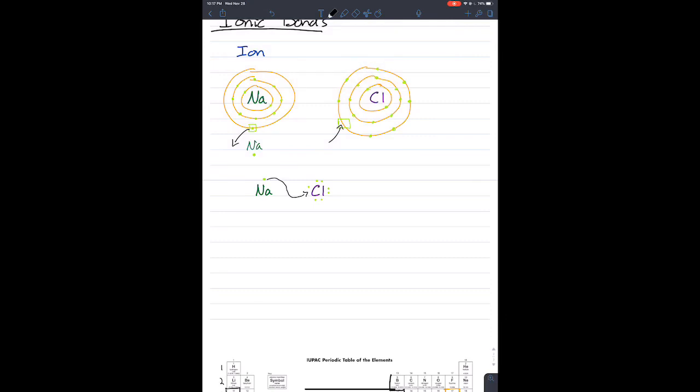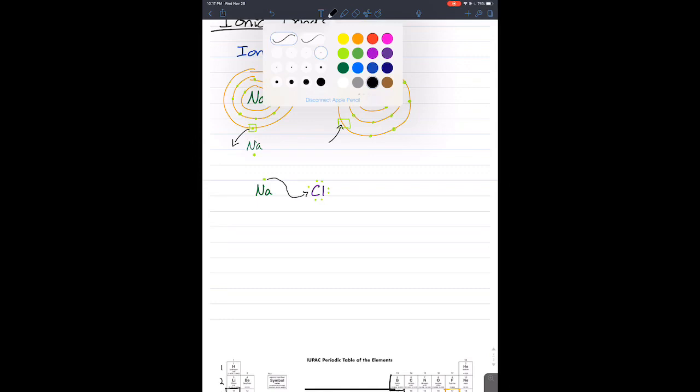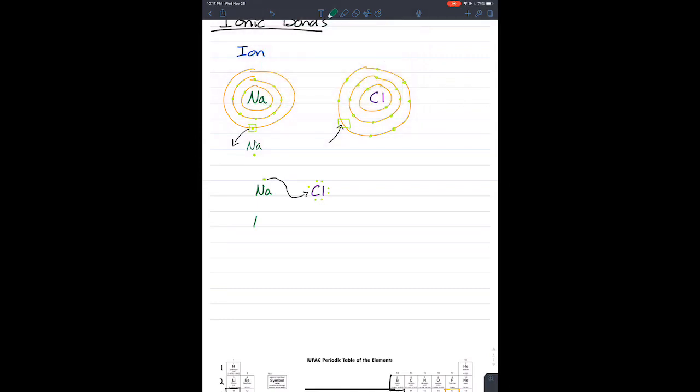Sodium's losing an electron and chlorine's gaining an electron. When sodium loses that electron, it's losing 1 negative subatomic particle, so it's going to become positive. It has 1 more proton now than electron, and it's a positive ion. Chlorine's gaining 1 electron, gaining 1 negative subatomic particle. Now it's going to be negative. It's a negative ion. So a positive ion is a cation and a negative ion is an anion.